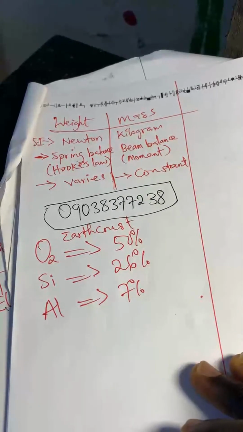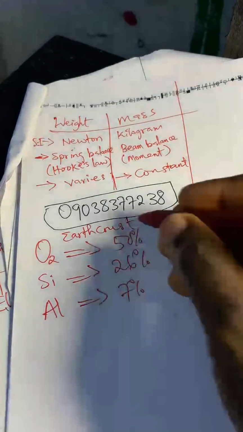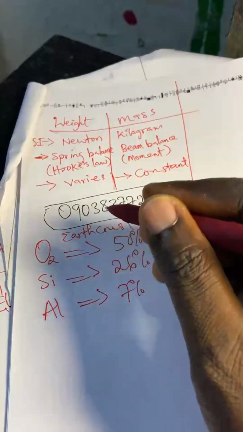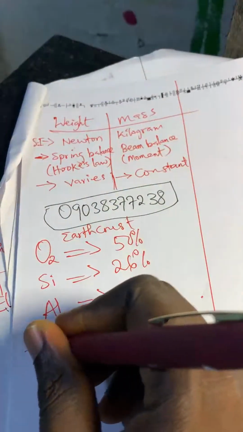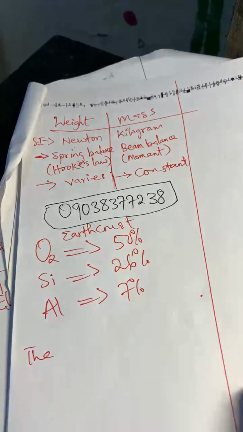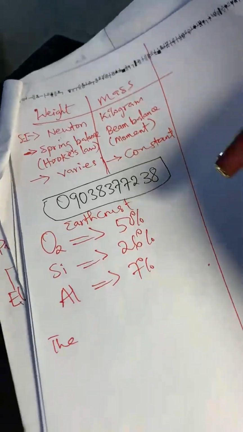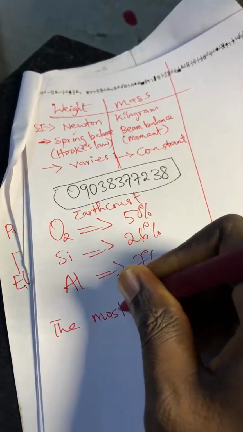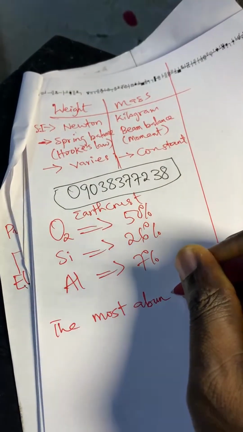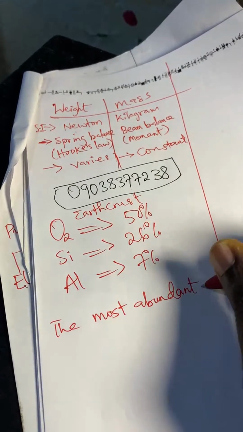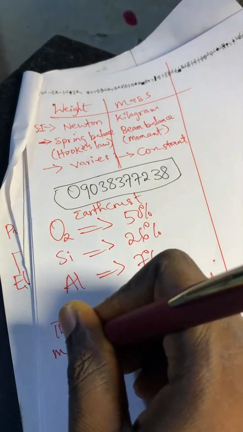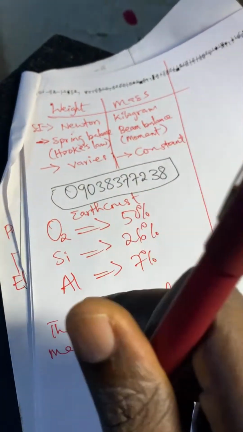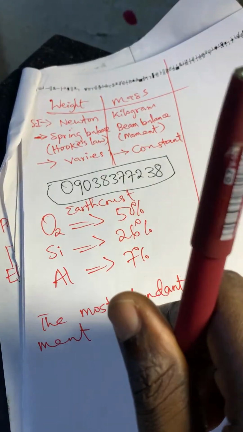Of course, that one is the earth's crust. Note the most abundant element in the atmosphere. Let me note it down so that I will ask you. Just don't joke with this. The most abundant element in the atmosphere. Are we together?